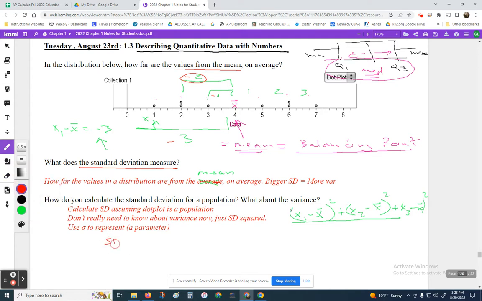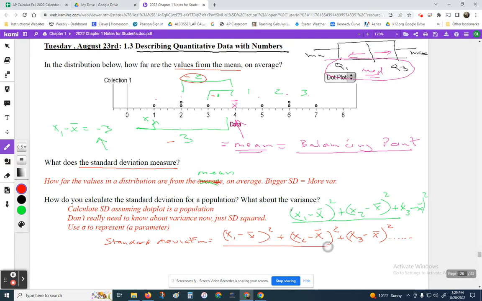So the standard deviation is equal to, for this one, x1 minus x bar squared plus x2 minus x bar squared plus x3 minus x bar squared, dot dot dot, and so on, right?